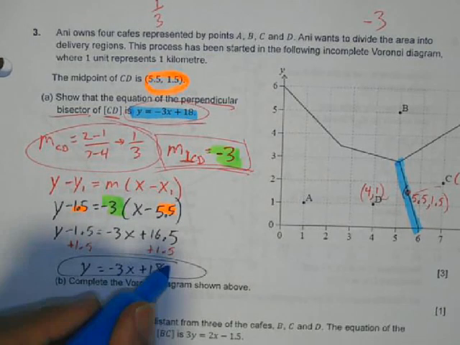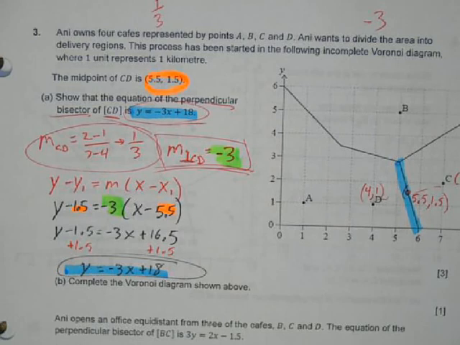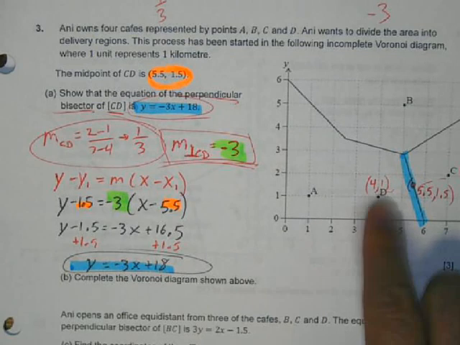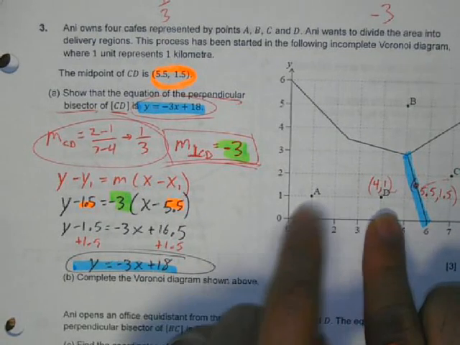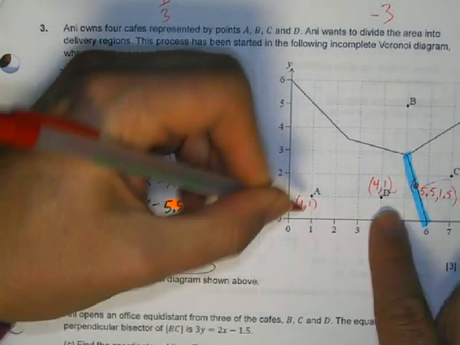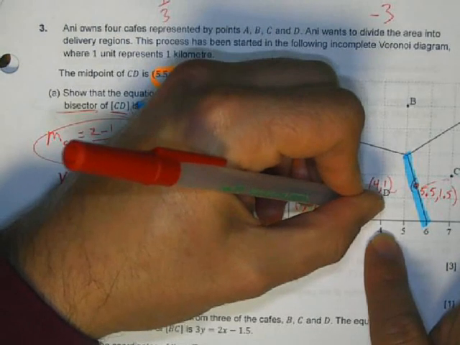There we go. All right. Complete the Voronoi diagram. Okay, so what's missing here? We need a line between A and D. So this is at 1, 1, and this is at 4, 1.